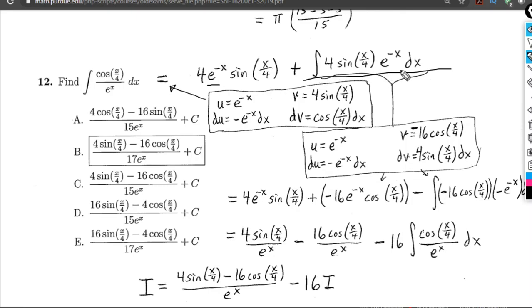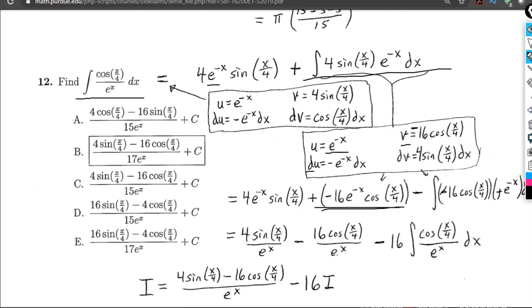And notice that it's really similar to the original, so you can do by parts again using e to the negative x as u, and the rest as dv, and then you can get v and du, and do v du again as shown here, and then negative negative u dv, and then this time the negative and negative will cancel out, and then if you rearrange this, you can get here.